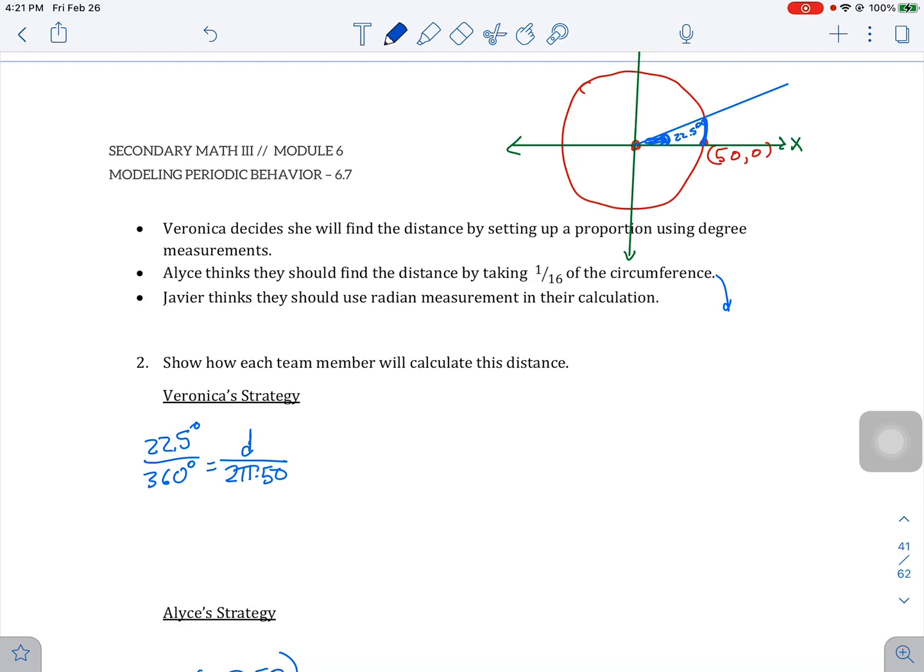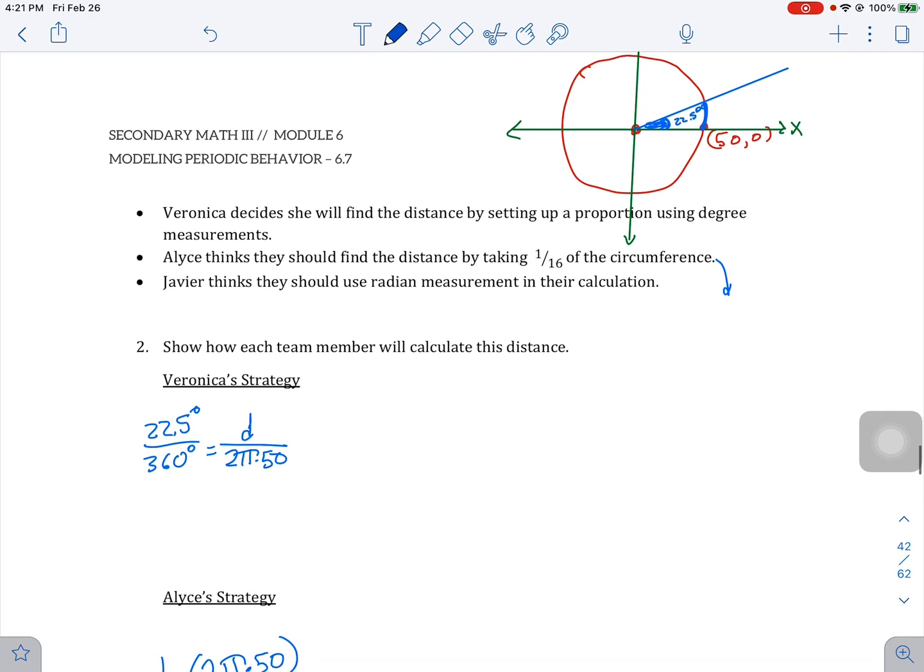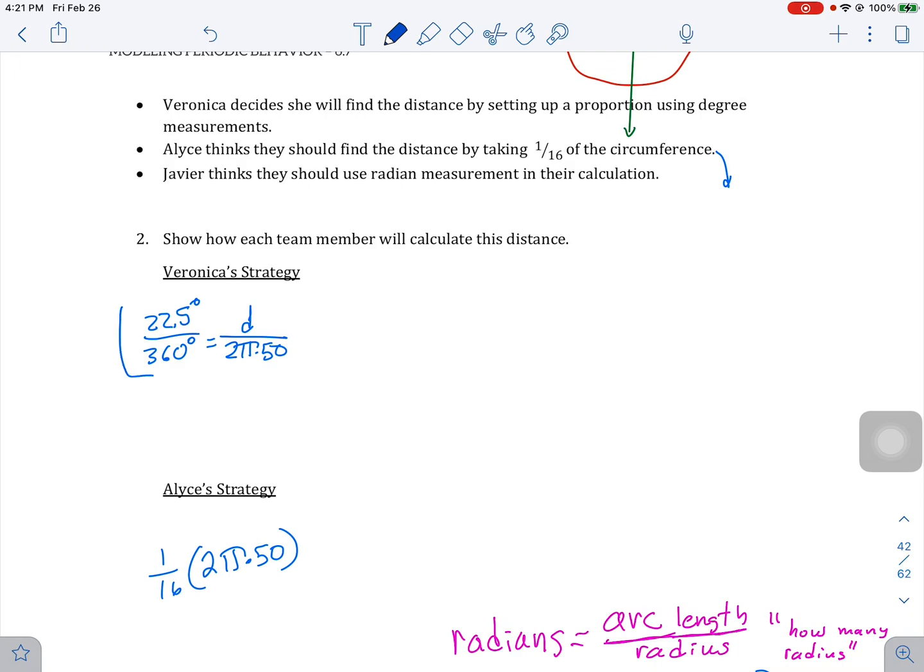Okay. And so a proportion, you might say here, you might say 22.5 divided by 360. That ratio is going to be the same as the distance to the circumference, 2 pi r, 2 pi times 50.